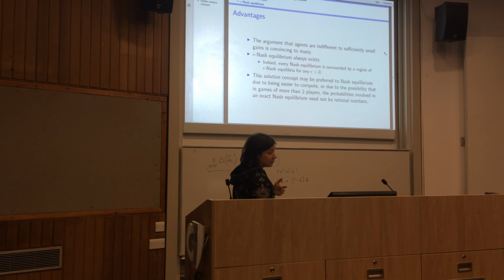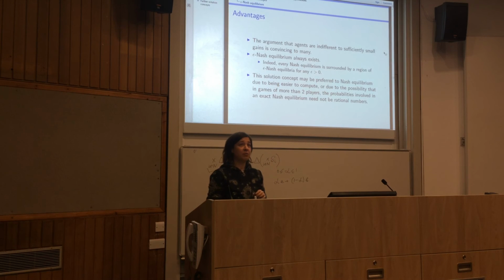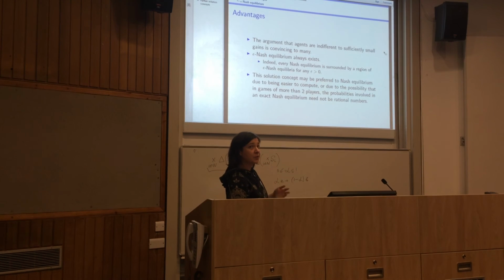this solution actually may be preferred to Nash equilibrium because it's also easier to compute. Why is that? Because in the games where we have more than 2 players, we may have Nash equilibria which are given by irrational numbers. So some probability distributions that correspond to Nash equilibria will be given by irrational numbers.